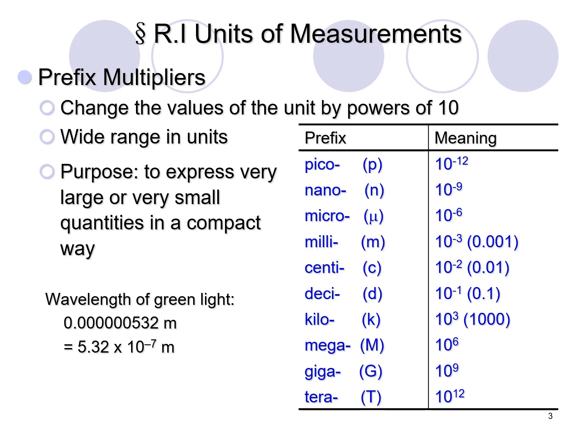If we want to replace 10 to the negative 7th with 10 to the negative 9th, that means this portion, 10 to the negative 9th, is 100 times smaller, so in order to keep the same value, we have to move our decimal point twice to the right. Now we have 532 times 10 to the negative 9th meter.